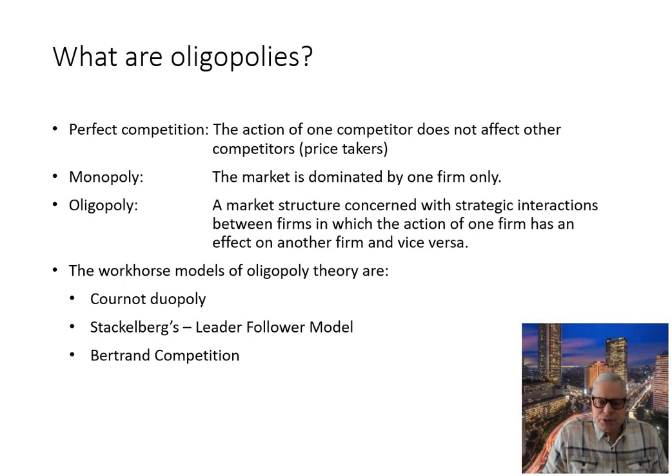And that is now changing with oligopoly theory. Oligopoly theory is about strategic interactions between firms, but they are elevated to a point where one firm needs to react to another firm.